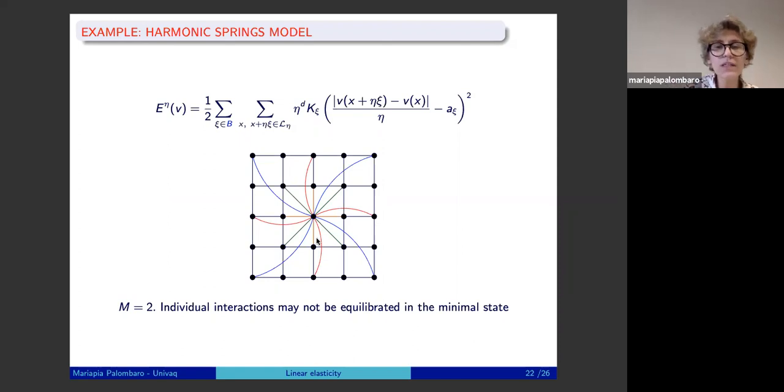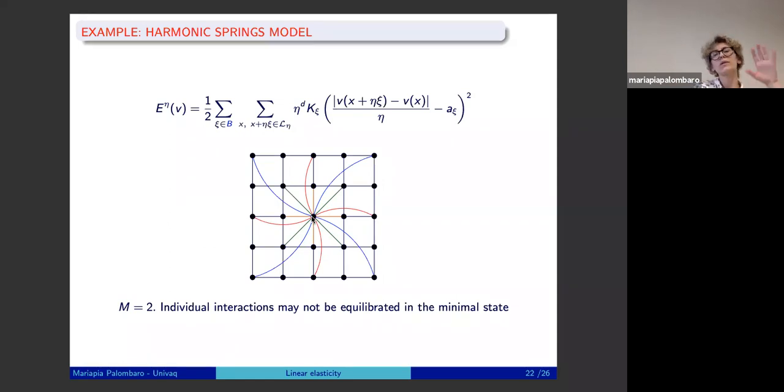Okay, so in this example, the central atom interacts with the atoms that are connected by these colored lines. And in this example, m is equal to 2. The wells are given by the rotations and the reflections.